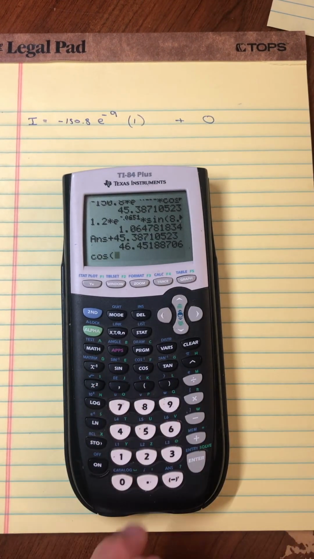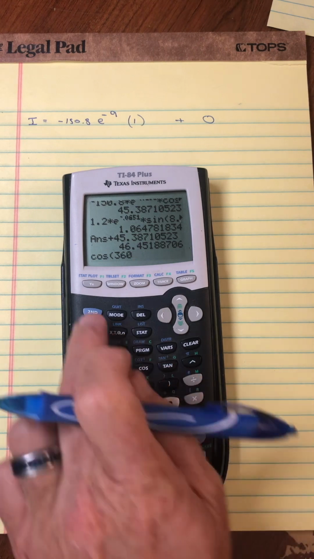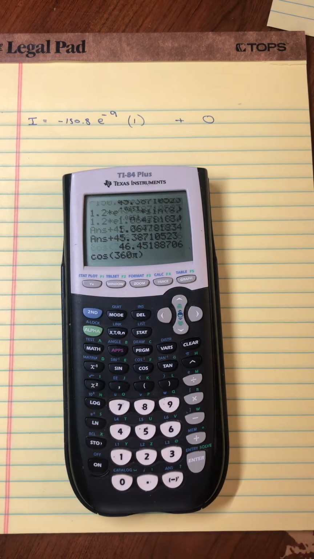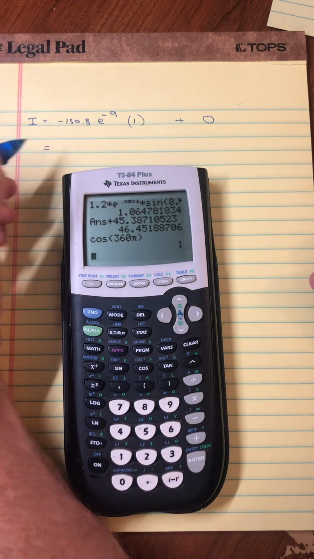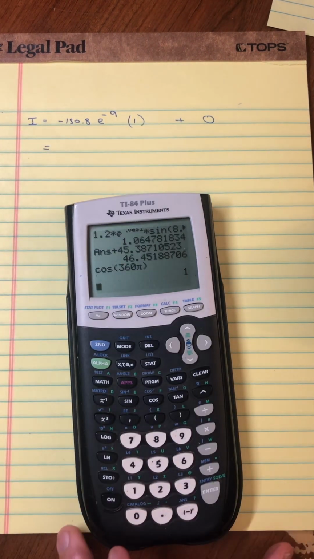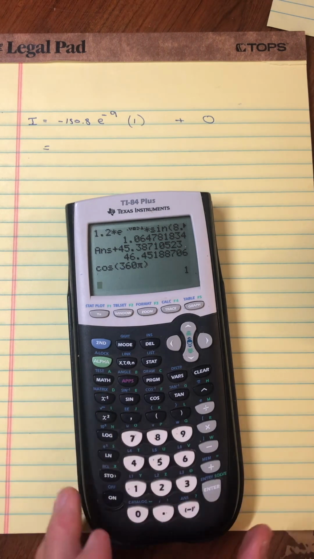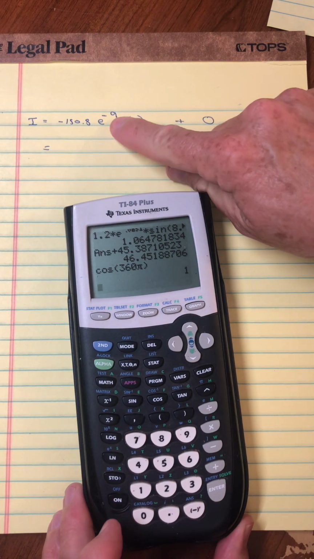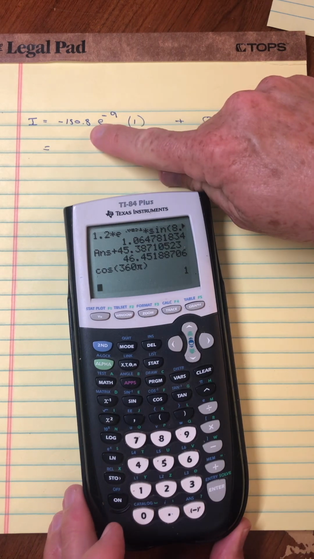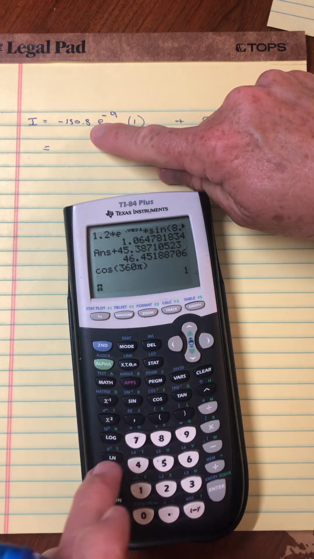Let's see, cosine of 360 pi. Yep, +1. All right, so if we notice that with our trig functions, we can save ourselves a little work. And e to the -9 is going to be incredibly small. It's exponentially small. In fact, I'll just do that one by itself.